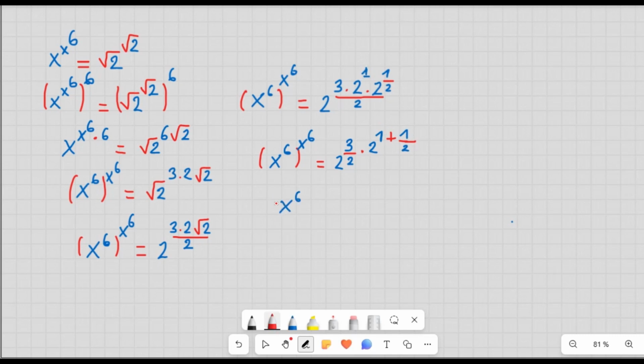We add the exponents of the bases to 1 plus 1/2. This gives us an exponent of 3/2.